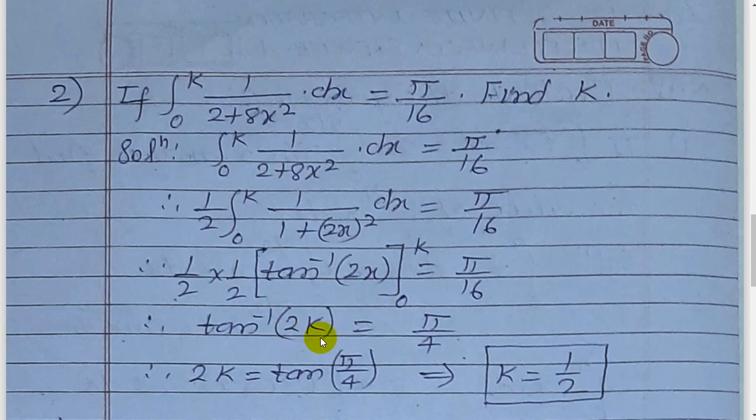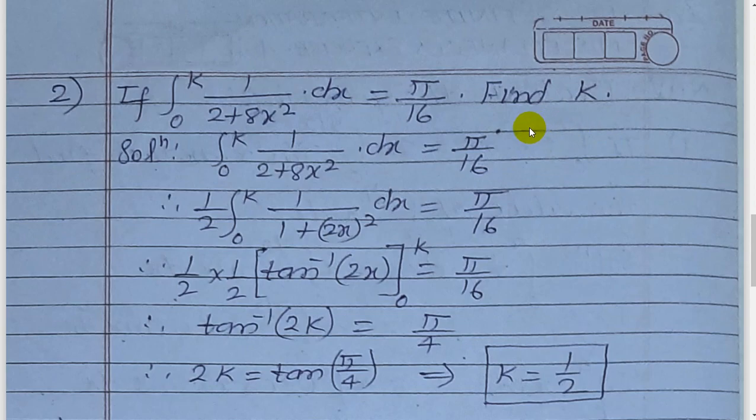So tan inverse 2k equals pi upon 4. Therefore 2k equals tan pi upon 4, that is tan 45 degrees, which is 1. So 2k equals 1. This implies that k equals 1 by 2. So the value of constant k is 1 upon 2.